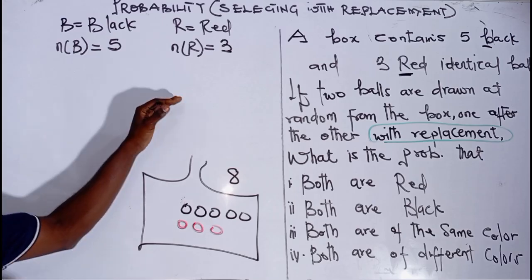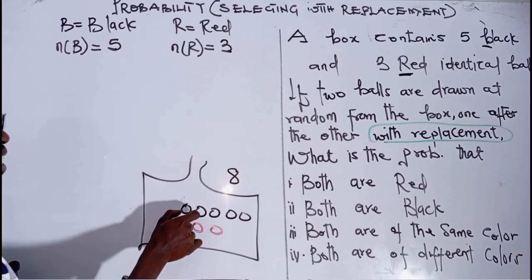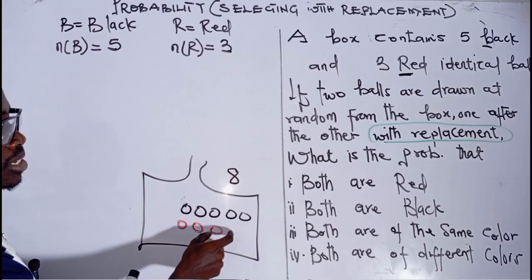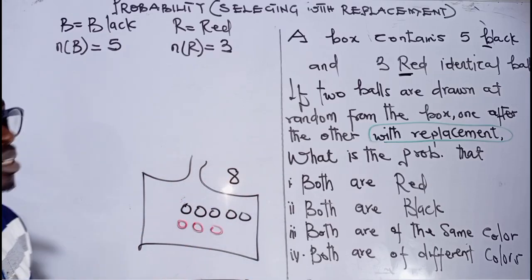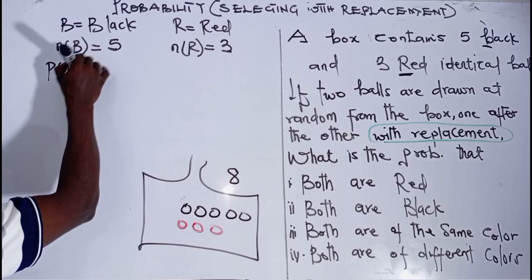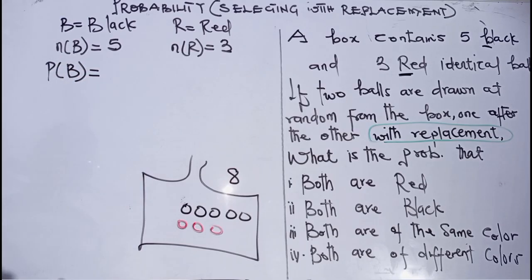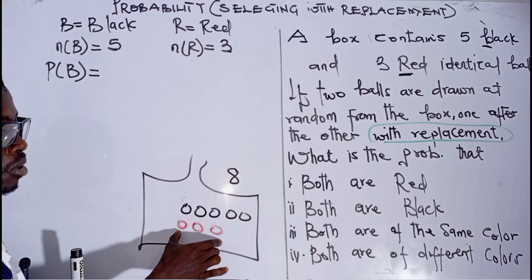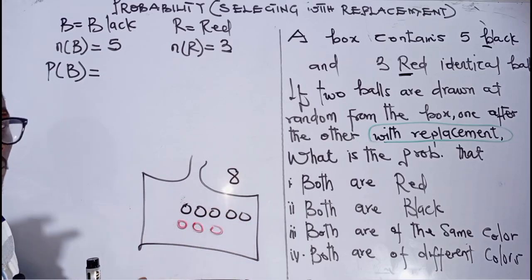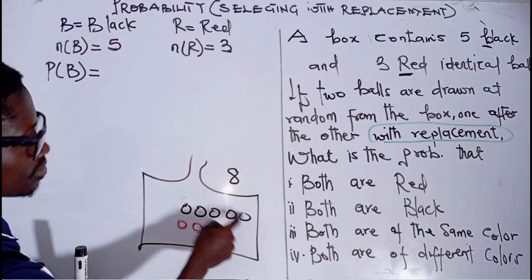Now we find the probability of picking a black ball from the box and the probability of picking a red ball from the box. The probability of picking a black ball is the number of black balls in the box over the number of balls in the box. How many black balls do we have? 1, 2, 3, 4, 5.